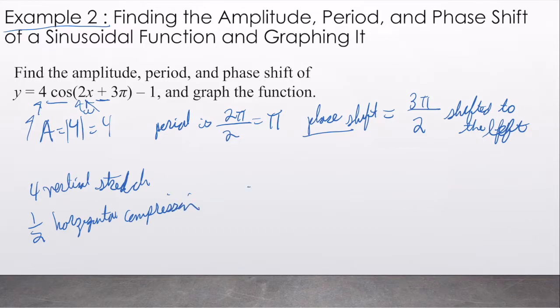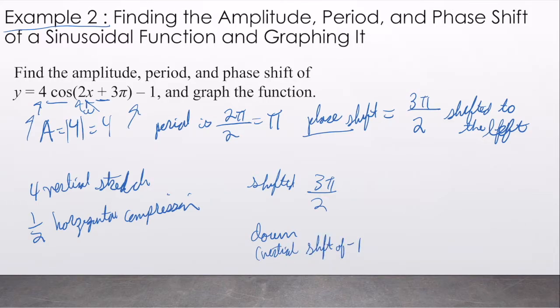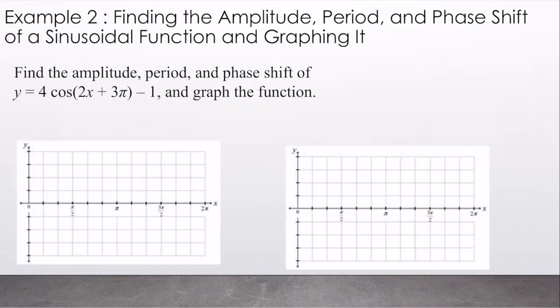My graph is shifted left 3 pi over 2, and then it's shifted down, so a vertical shift of -1. And we're going to do that vertical shift last, I've decided.